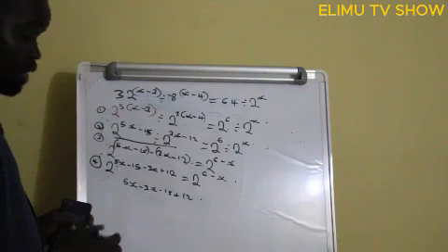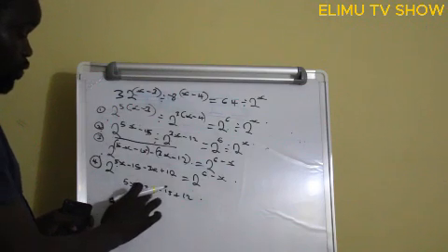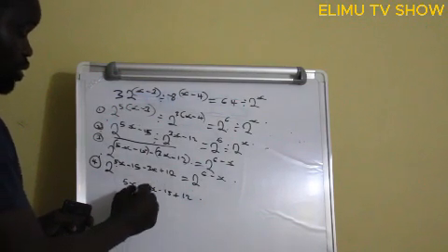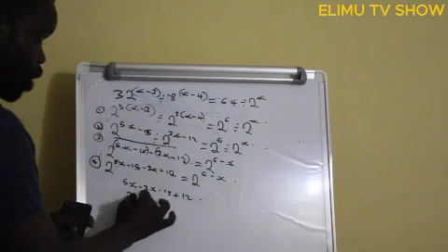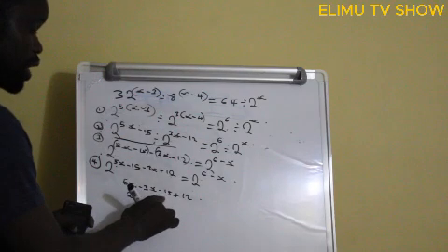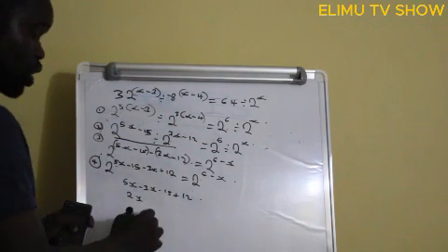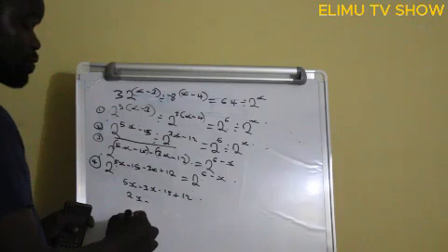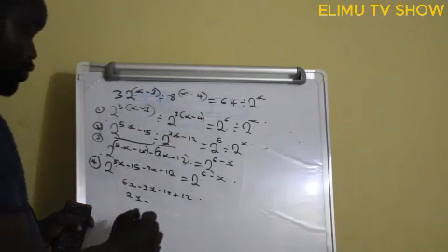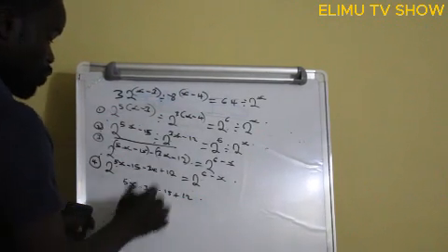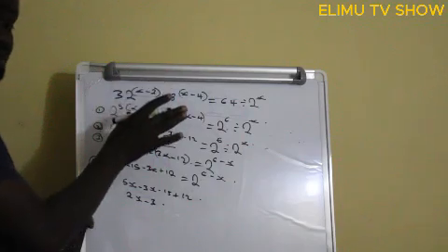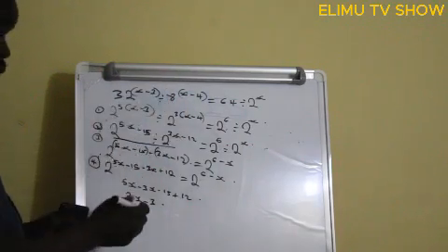We have collected the like terms. 5x minus 3x gives us 2x, then minus 15 plus 12 becomes minus 3. So we have already solved part of the power.